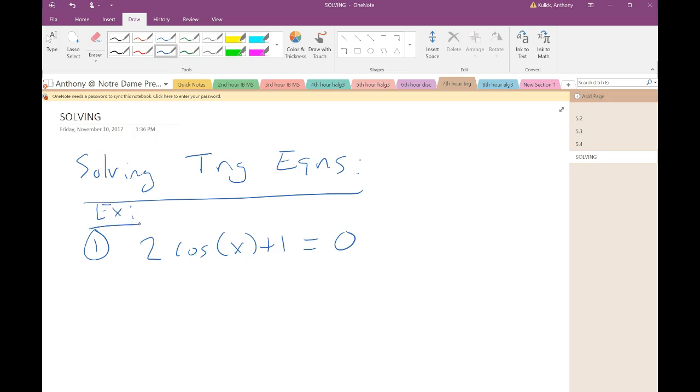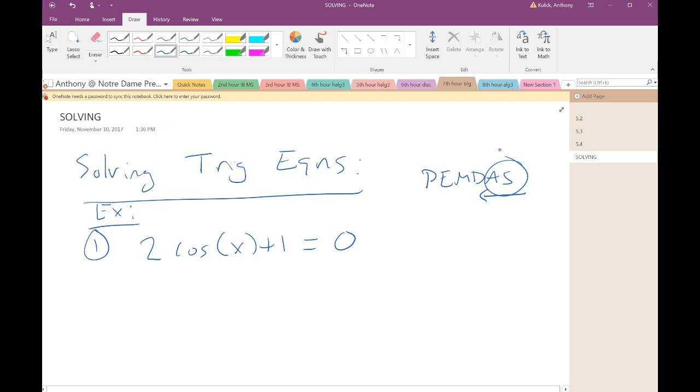So, if I want to solve the equation 2 cosine x plus 1 equals 0, what I'm really going to do is think about the order of operations. But since I'm solving, I'm going to be running in reverse because I need to undo these things. So the first thing I should undo is any addition and subtraction.